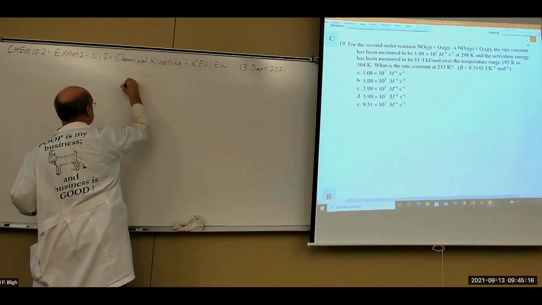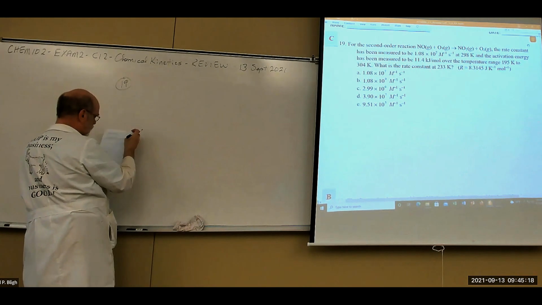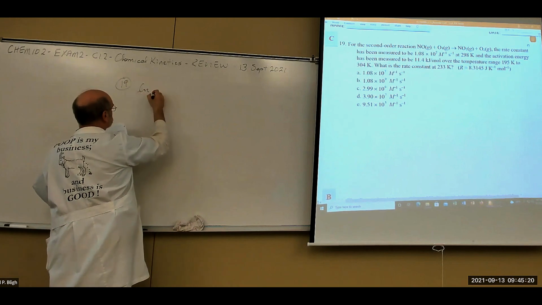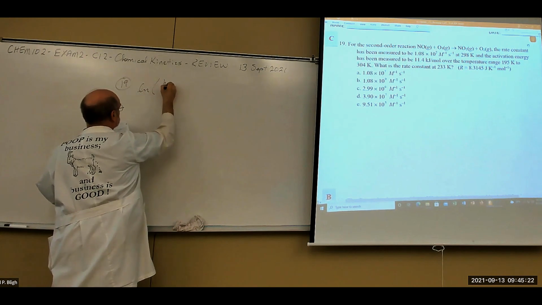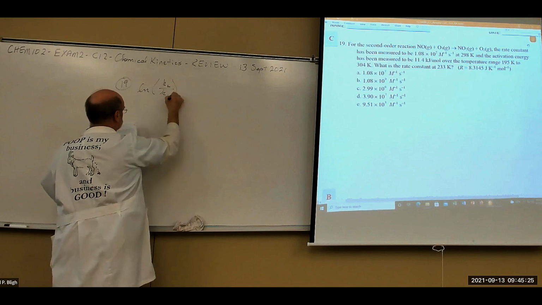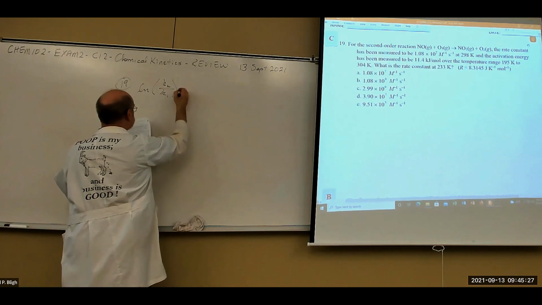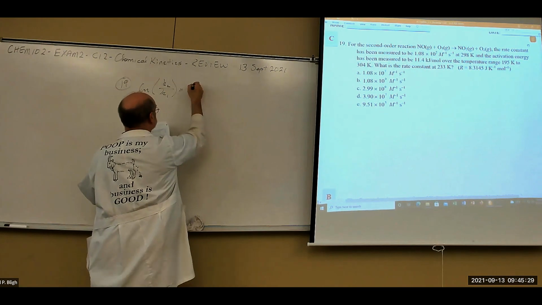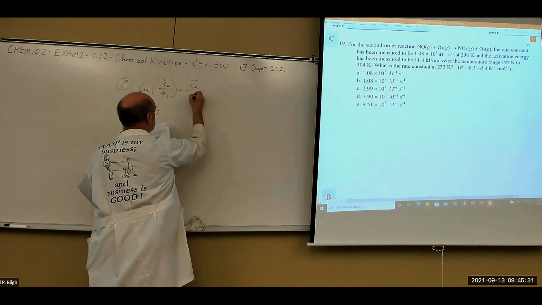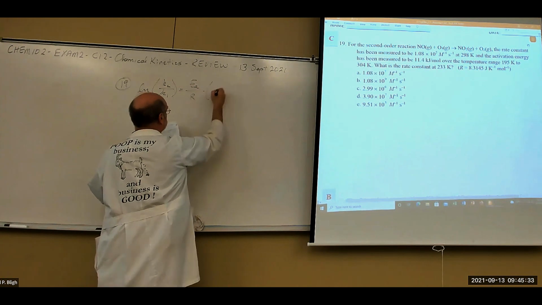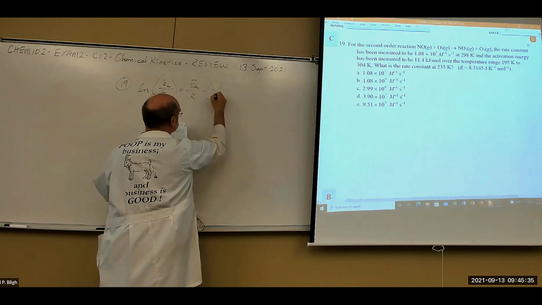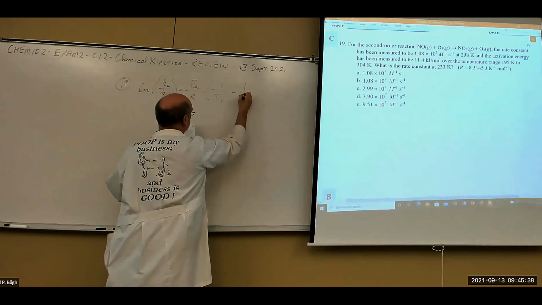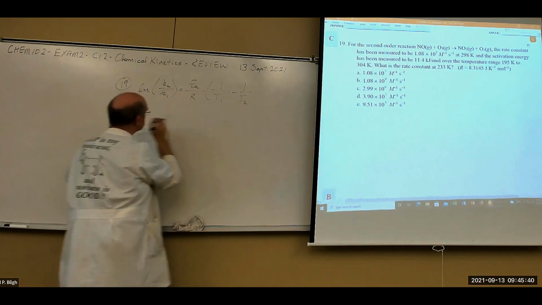For 19, we're going to use the Arrhenius equation again. K2 over K1 equals activation energy over R, and this is 1 over T1 minus 1 over T2.